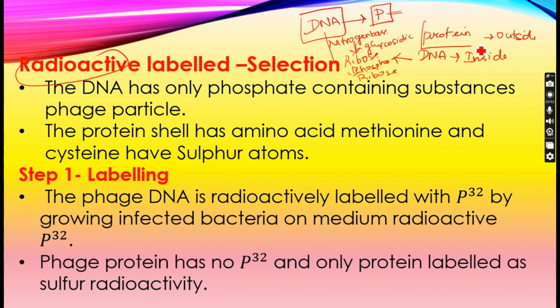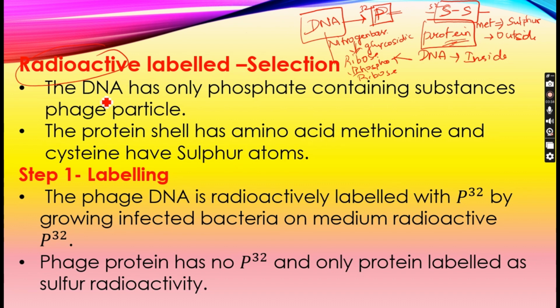Likewise, a protein consists of a sulfur containing component. So here we are going to label the phosphate 32 into the DNA phosphate and sulfur 35 into the sulfur of protein. The main principle is that a DNA does not have sulfur and a protein does not have a phosphate.